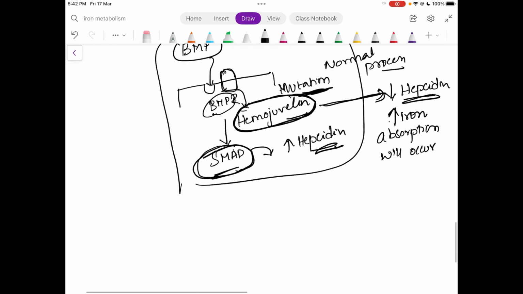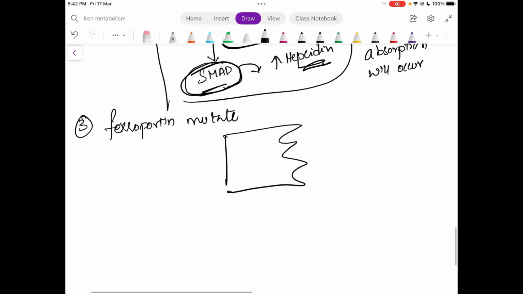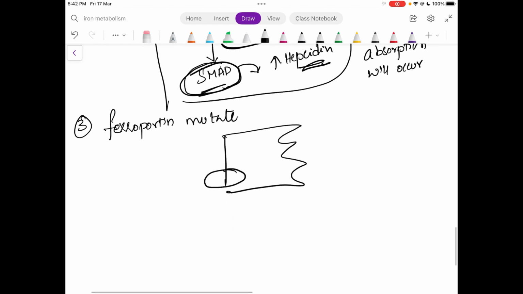This is one thing. Whenever ferroportin is mutated, this is an intestinal cell. Here we have a ferroportin. Whatever iron is absorbed through DMT1, this has to pass through ferroportin.